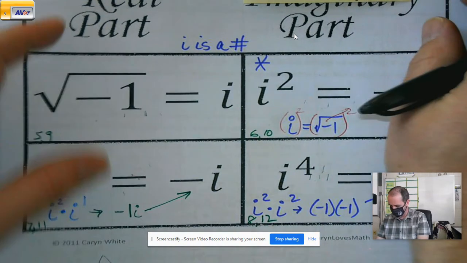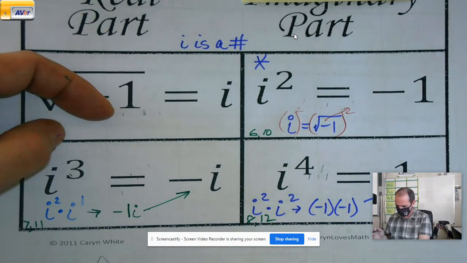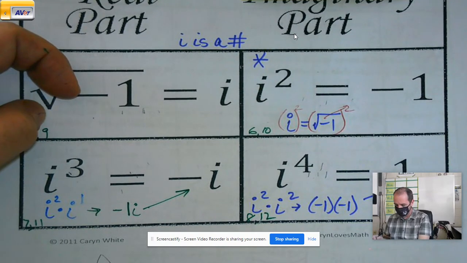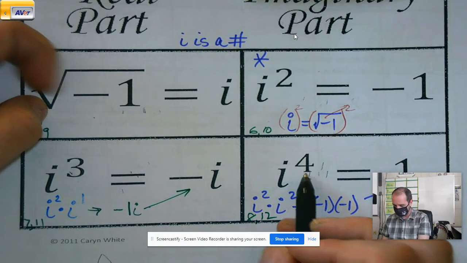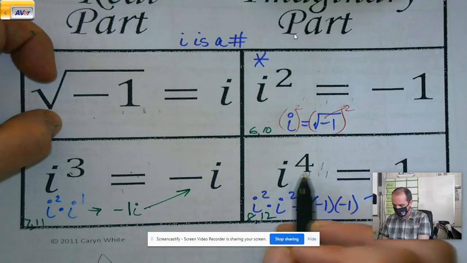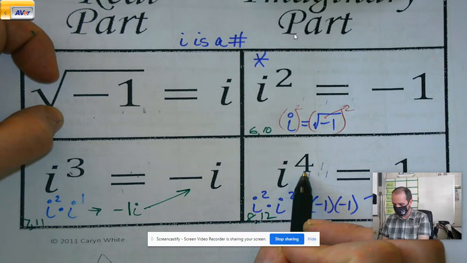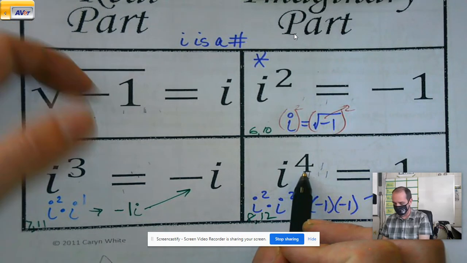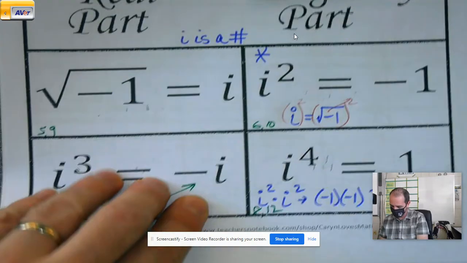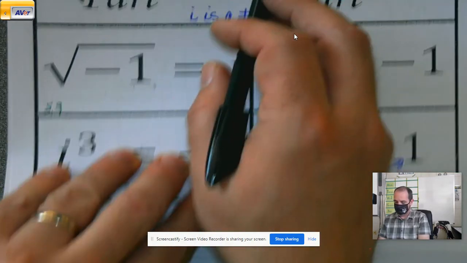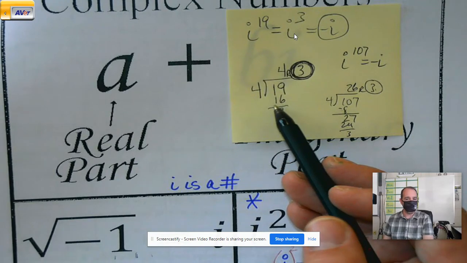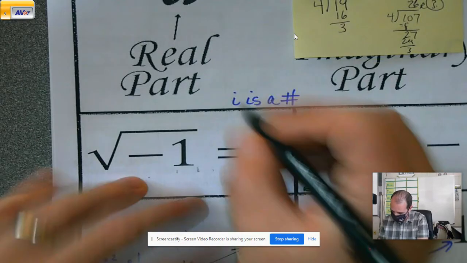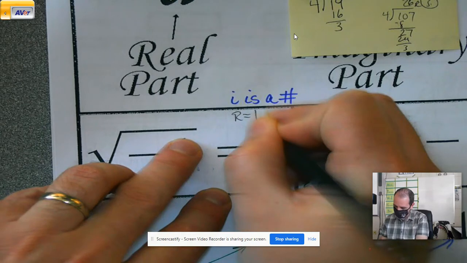So you're like, now wait a minute. So when we saw this before, why would it be remainder 4? Well, let's think about this for a second. If 4 goes in evenly to something, there's not going to be a remainder. So here, remainder 1 would get me i.